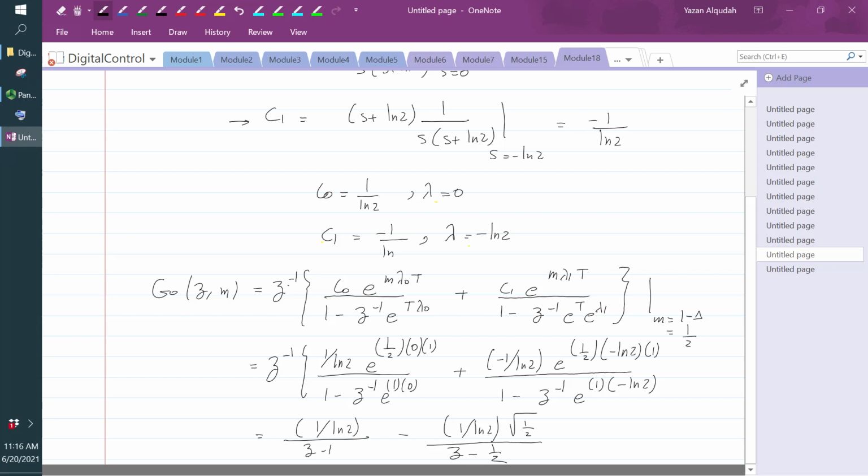Okay, so e to the natural log gives me this, and multiplied by 1/2 is going to give me the square root of 1/2. Does that make sense? e to negative natural log of 2 gives me 1/2, and then I have a square on the 1/2 here, which gives me the square root.